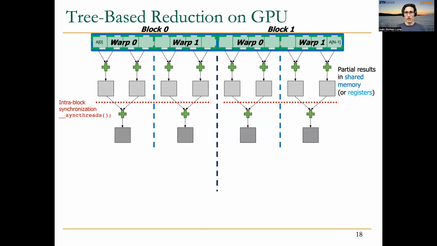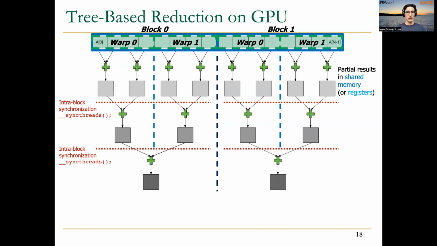So we continue with the next iteration, and again, we need to use sync threads to make sure that all the partial results are visible to all threads in the block in order to continue with the later iterations. Then we end up having a single partial result per thread block, and after that, we may need to use some sort of inter-block synchronization before we perform the final reduction of all these per-block partial results.